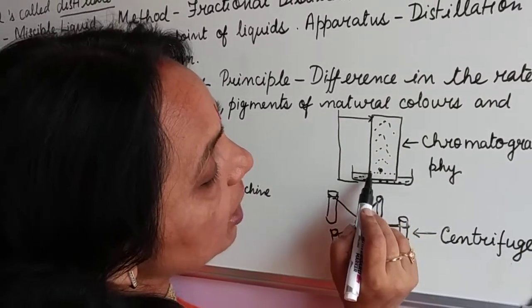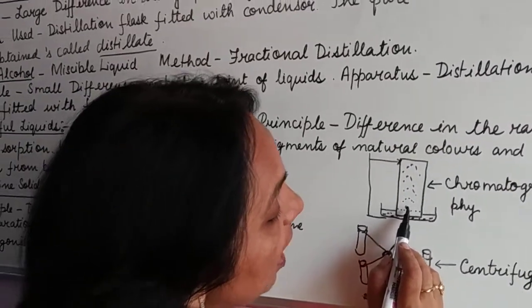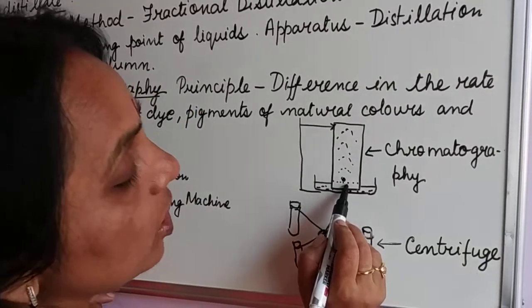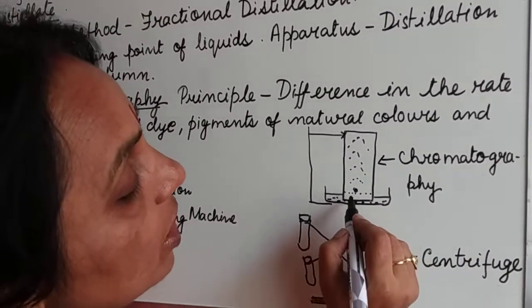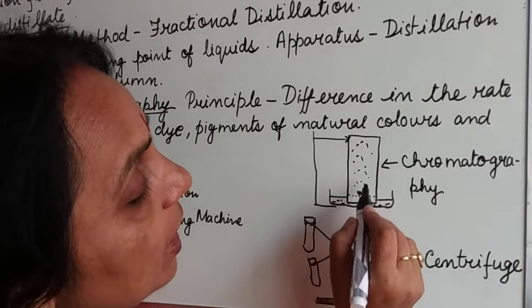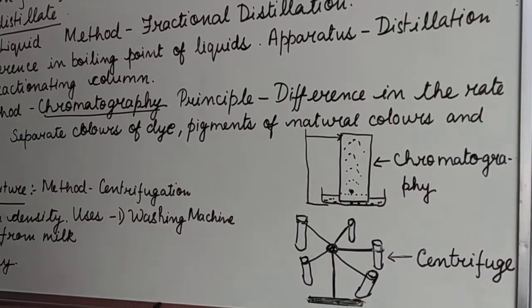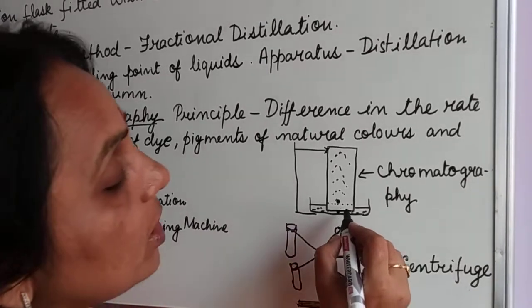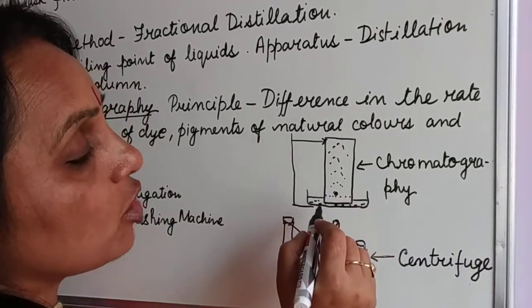But we have to be careful enough to see that the dot mark that I have made is not immersed in the water, it is lying slightly above the water level, and the water level slowly starts rising, as you can see, and the components of the black ink separate out. Now as I said, the principle is the difference in the rate of adsorption.